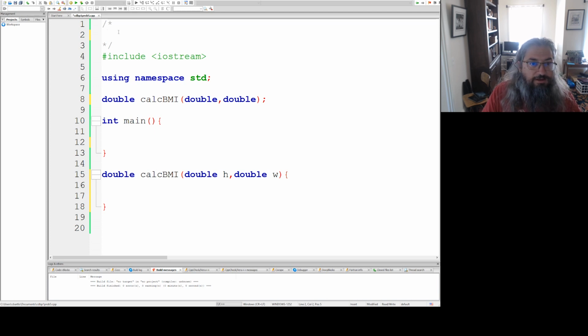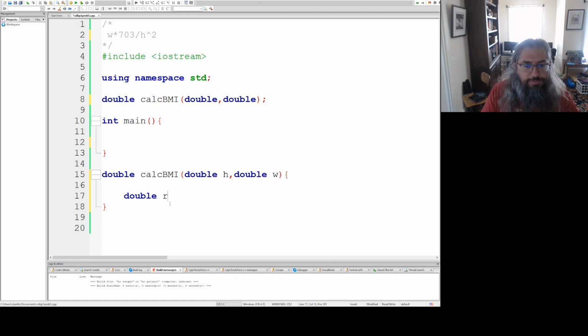It's weight times 703, the whole thing divided by height squared. Okay, so we could do this in a lot of ways. We could write it all in one line, which I think is probably easiest for this. And so I'm going to do this.